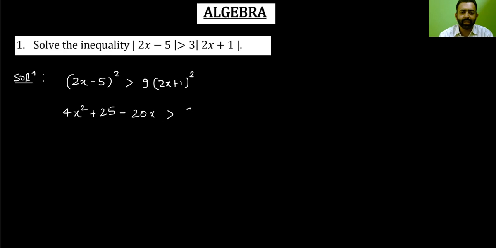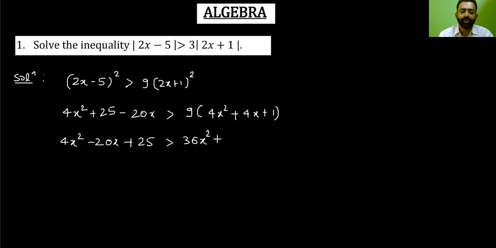This is greater than 9 times 4x square plus 4x plus 1. Okay, a square plus 2ab plus b square. So again, this is 4x square minus 20x plus 25, just rearranging the terms, and this is greater than 9 into 4 is 36x square plus 36x plus 9.